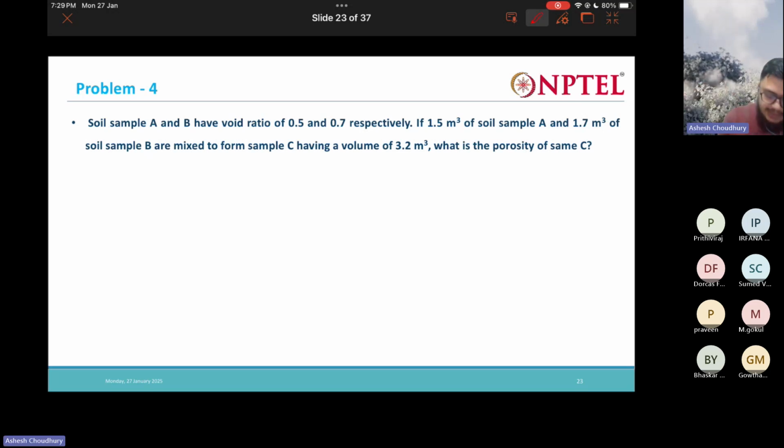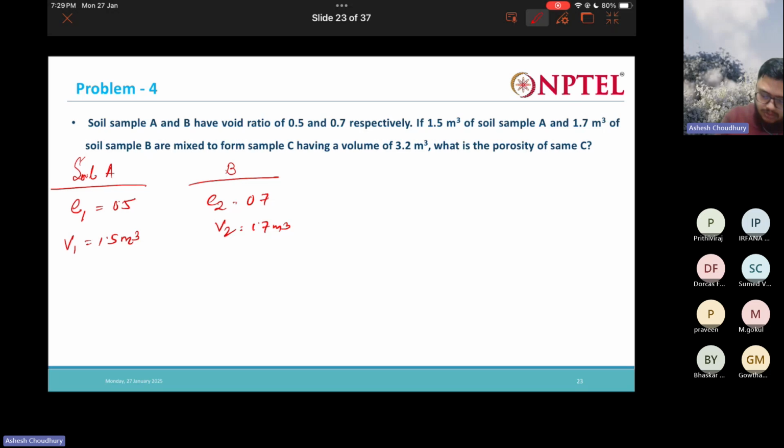So first let us write down whatever is given. For soil A, e1 is 0.5, we have V1 is 1.5. Soil B, say e2, let us write this e2. For soil C, you need to find this out, and we have V3 obviously.